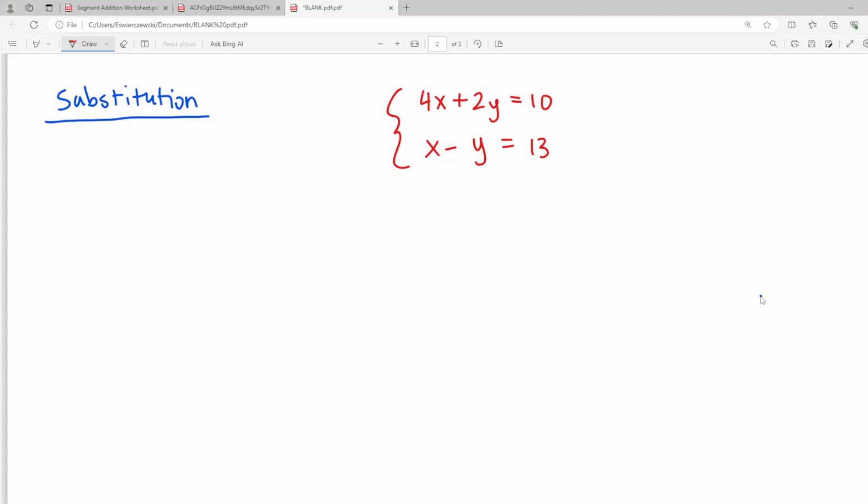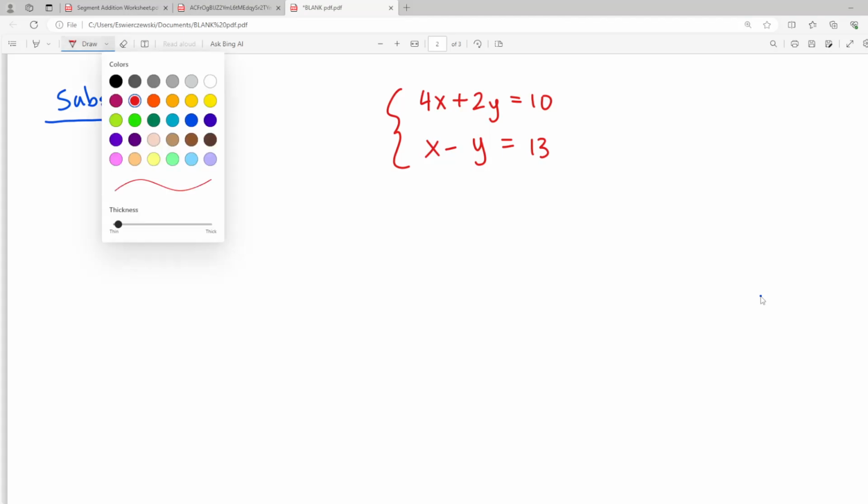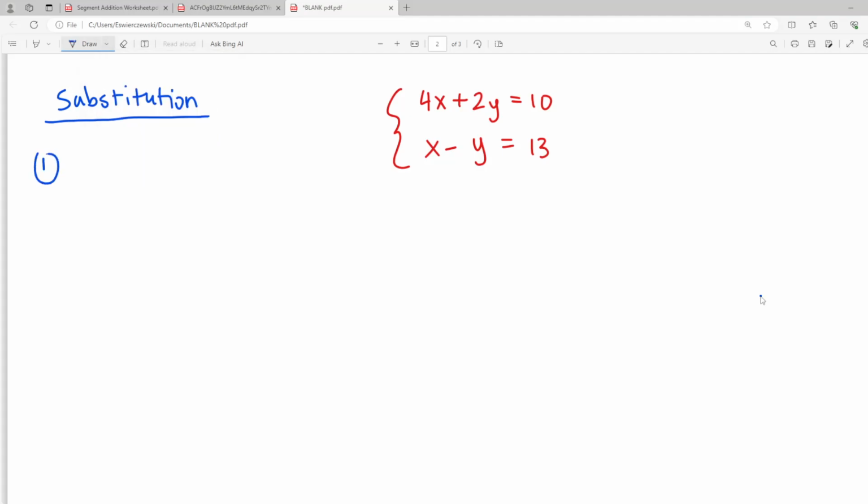So basically, the first step you always want to do is solve an equation for one of the variables, x or y. You'll know you're done when it looks like y equals some expression, or x equals some expression.